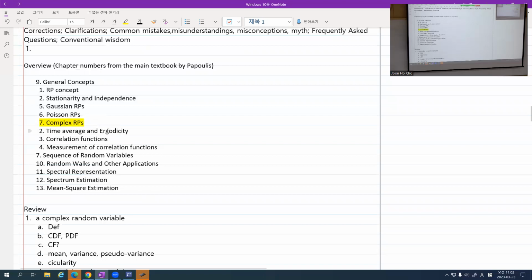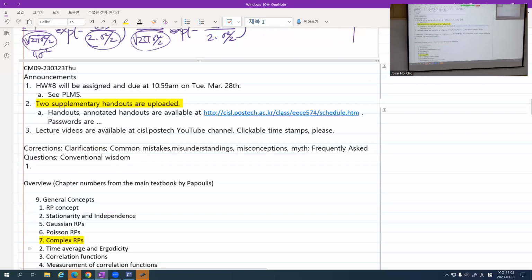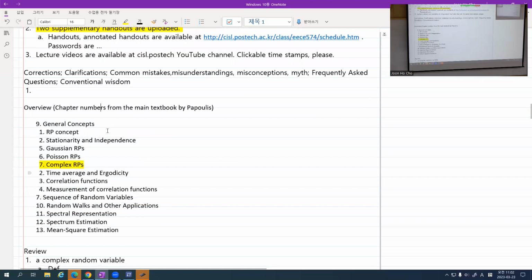So I was covering in the last lecture the topic of complex valued random variables first. After covering that, we will be moving to the last half of section 2 on the topic of time average and ergodicity. So probably I hope we can finish at least chapter 9 before our midterm exam.